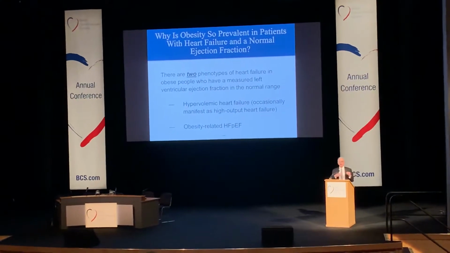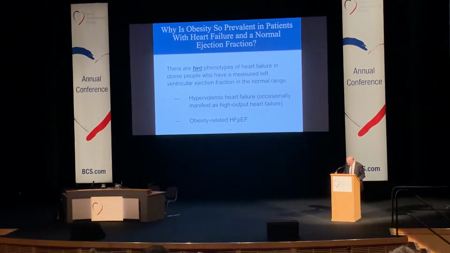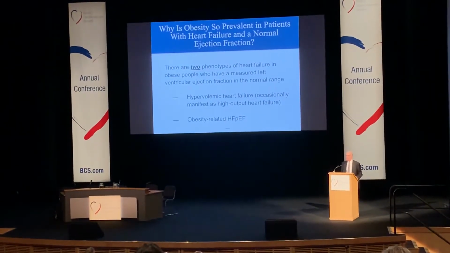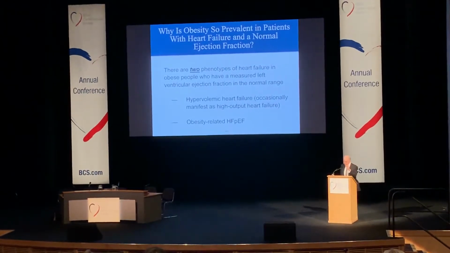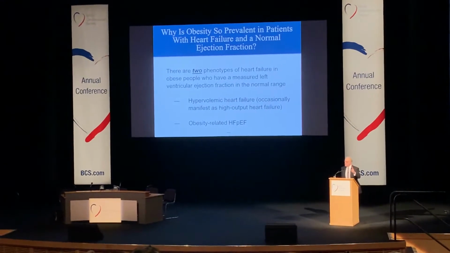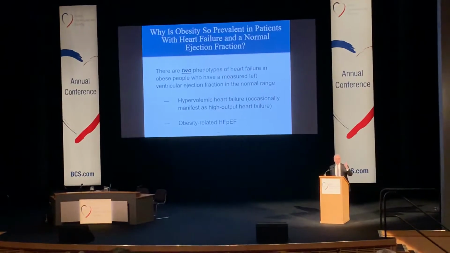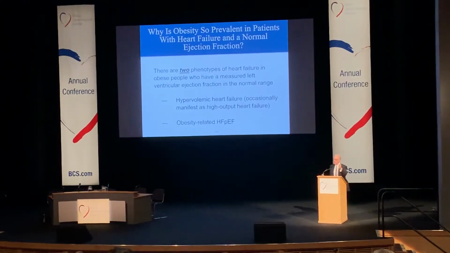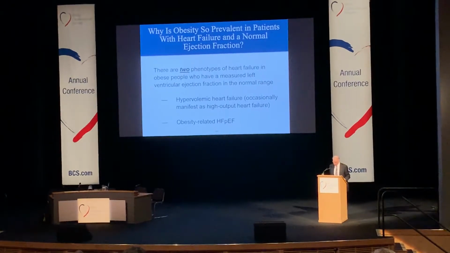And I'm going to call the second syndrome obesity-related heart failure with a preserved ejection fraction. I want to say at the outset that hypervolemic heart failure is a disorder of plasma volume expansion. Obesity-related heart failure with a preserved ejection fraction is an inflammatory disorder.